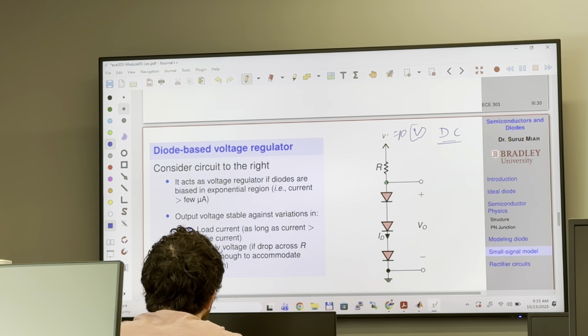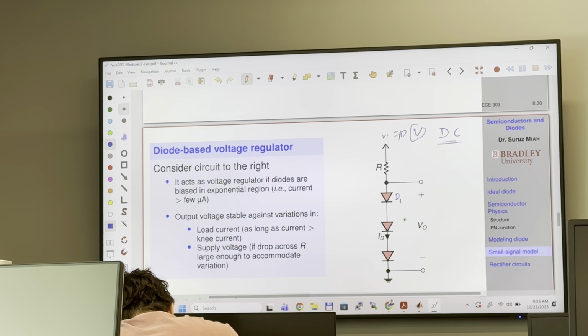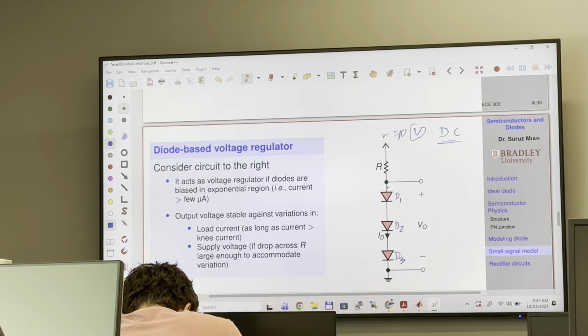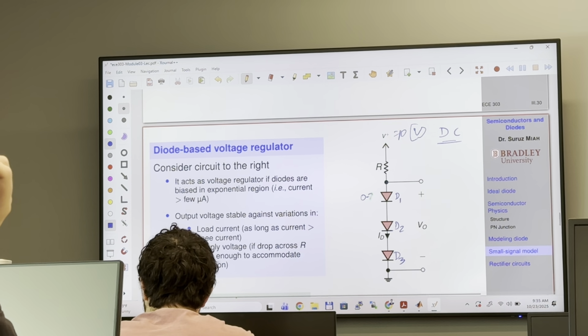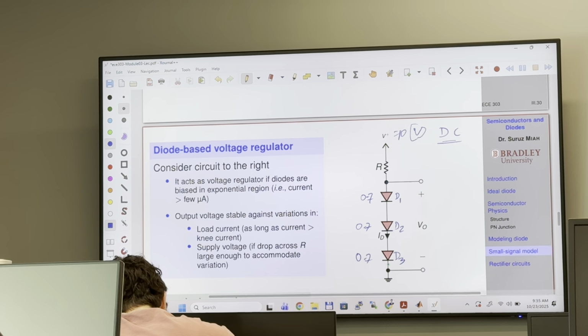You are taking the output from the anode terminal of diode D1, this is diode D2, this is diode D3. So the output you measure from the anode terminal of diode 1 and the cathode terminal of diode 3. What will be the output? 0.7 volt in this diode, 0.7 volt in this diode, 0.7 volt for this diode.